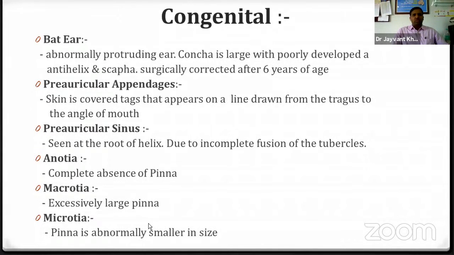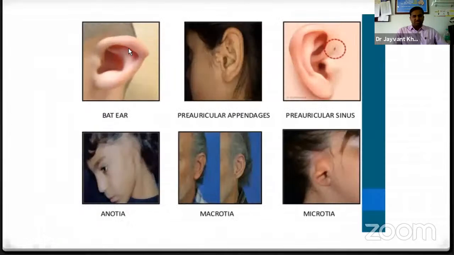Okay, you can see in this picture all the congenital anomalies: bat ear, preauricular appendages, preauricular sinuses, anotia, macrotia, and microtia.